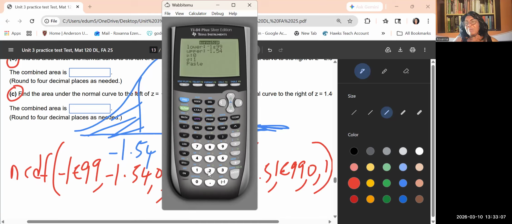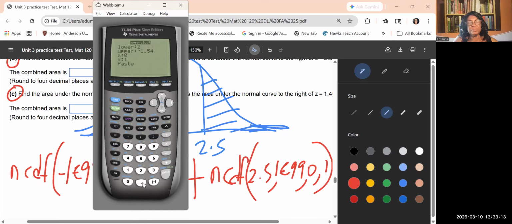The lower bound this time is 2.5. And the upper bound is positive infinity. Where is E? Under comma, 1e to the power 99 is positive infinity. Okay, and then mean is 0, standard deviation is 1.